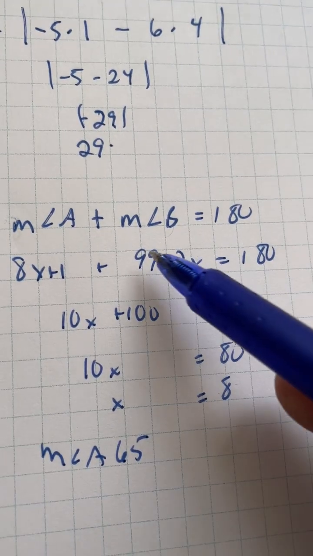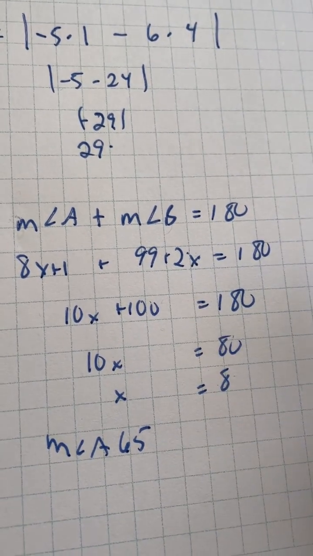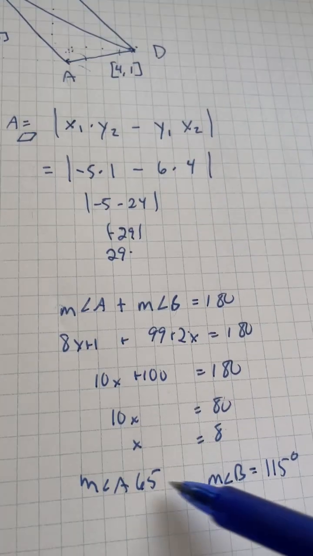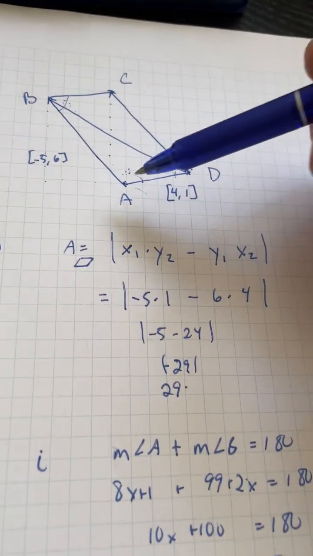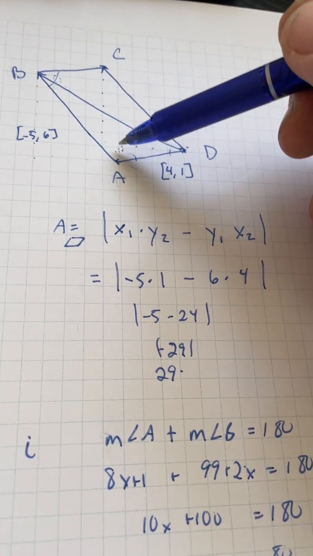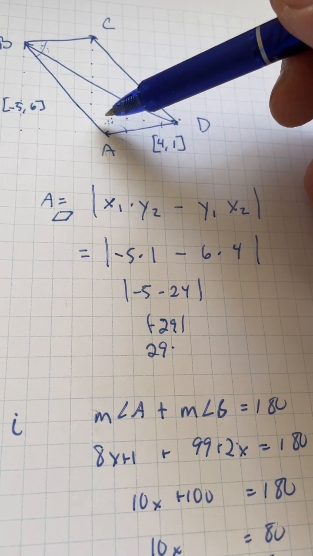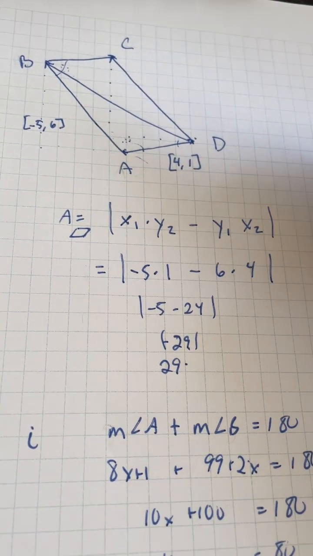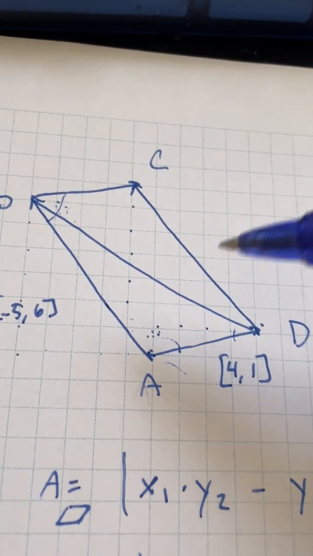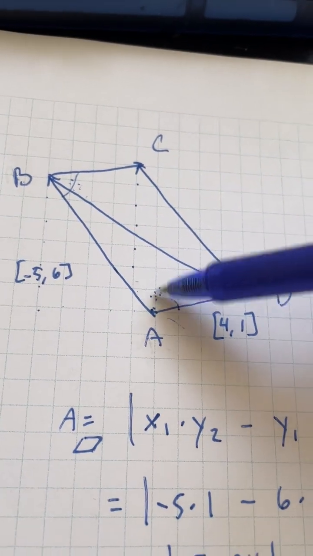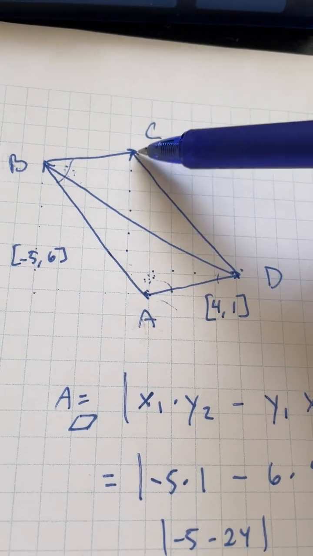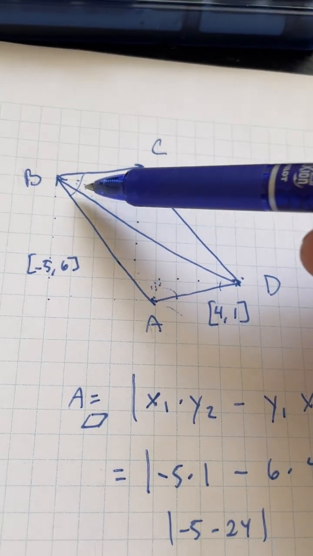Angle B would be 99 plus 2 times 8, 115. The other two angles, let's see, angle A is 65. Well, it doesn't look like 65, so I guess I didn't number these correctly, but we're just gonna have to roll with it. So angle C is gonna be identical to angle A, and angle B and D are going to be identical.